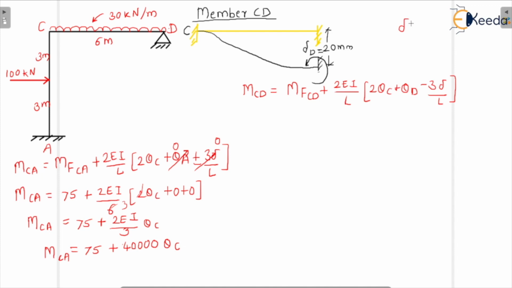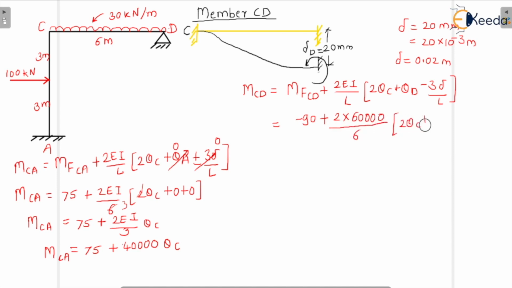Now delta in this case is 20 millimeter. All other dimensions are in meter, so we can convert it into meter. Delta is equal to 0.02 meter. So M of CD we can write as minus 90 plus 2 into EI by L. So 2 into 60,000 divided by 6, then 2 theta C plus theta D minus 3 into 0.02 by 6.